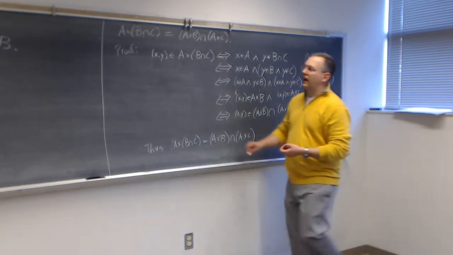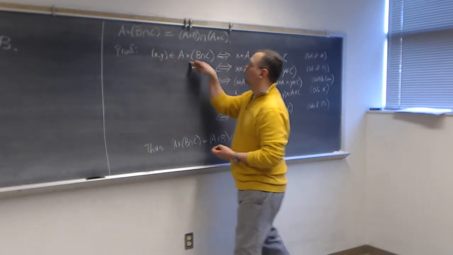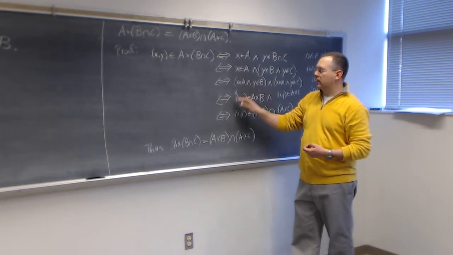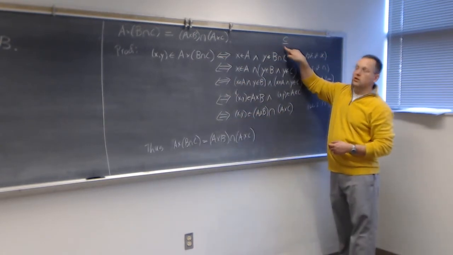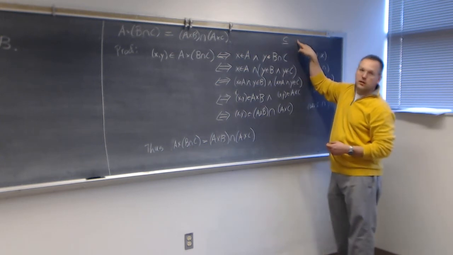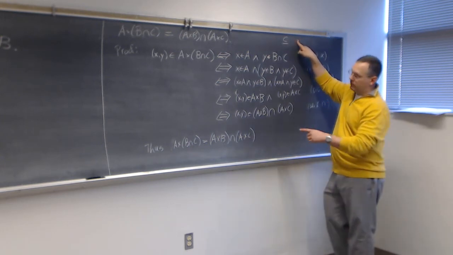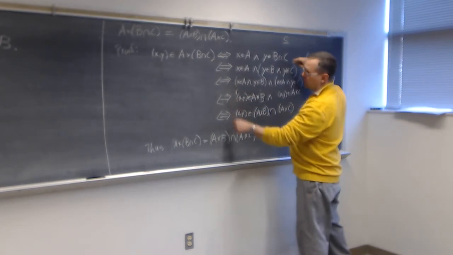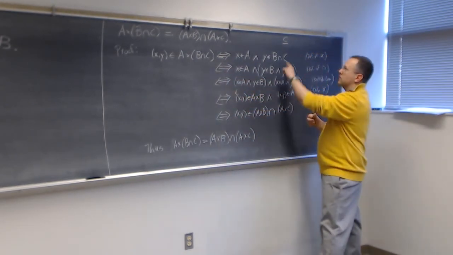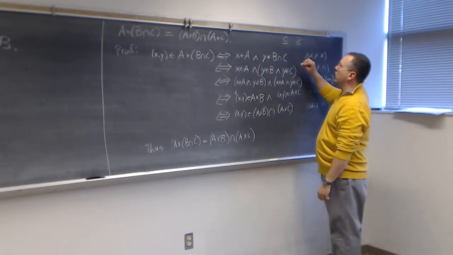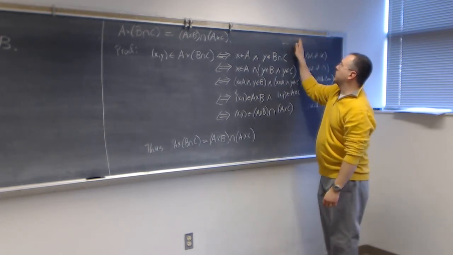So a lot of people put like, "let this be in here, then this, then this, then this." Okay, that's great, but you've only shown this direction, that this set is a subset of this one. But if you erase all those thens, and replace them with if and only if, if and only if, if and only if, then you show this as well, so they must be equal.